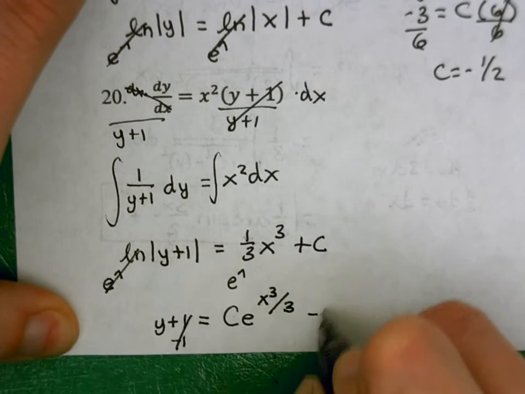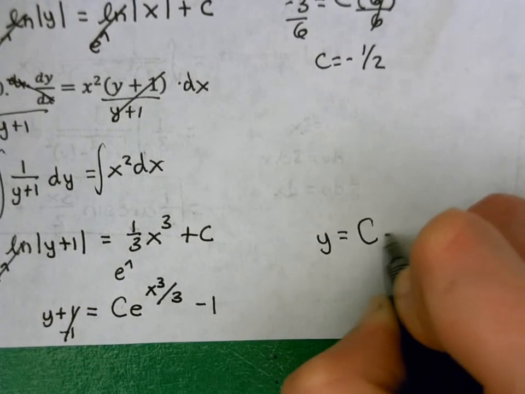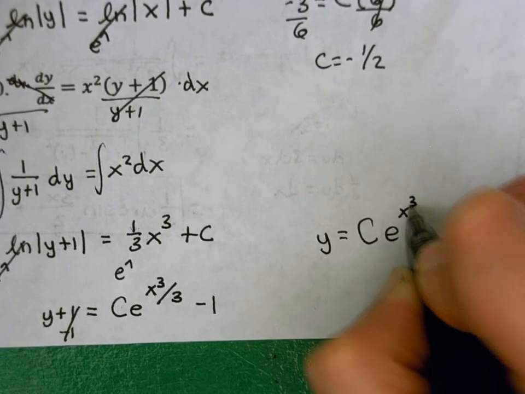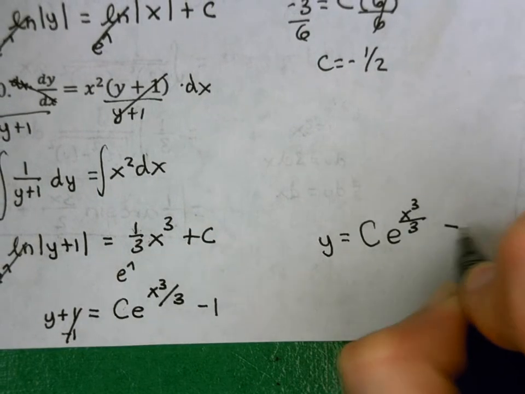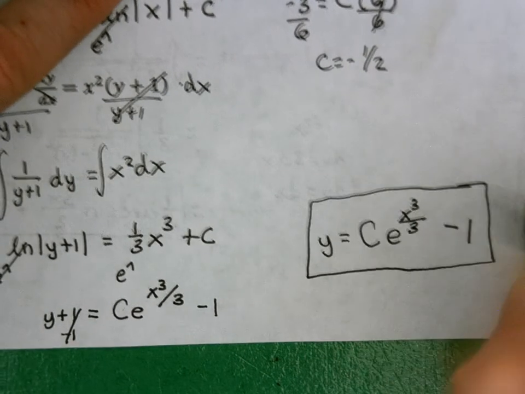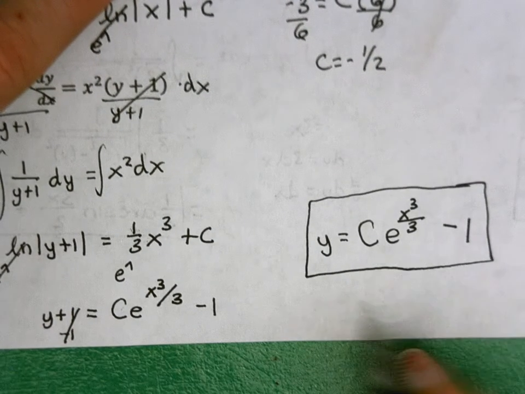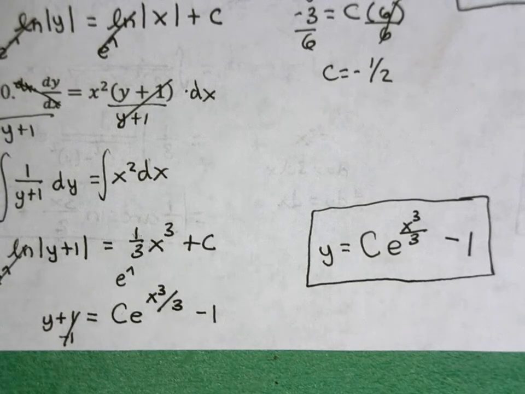And so our final answer is y equals c e to the x cubed over 3 minus 1. And that minus 1 is not part of the exponent. That minus 1 is attached to the entirety. Right? c e to the x cubed over 3, there's your exponent, minus 1. Okay? And those are your practice problems.